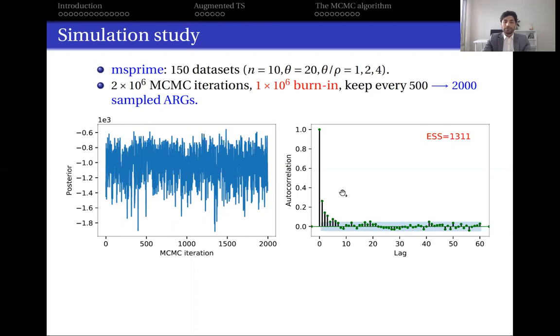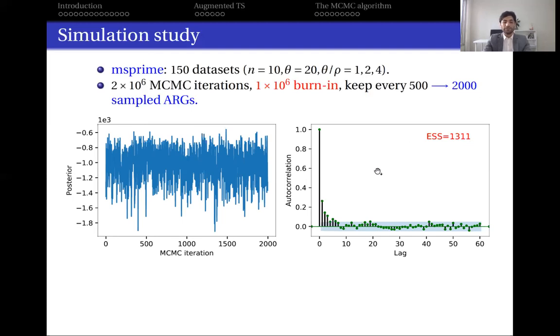On the right, the autocorrelation dies off from the first lag to about 0.3 and very quickly goes to the 95% interval. And here I've also reported the effective sample size, which is 1,311 for 2,000 samples, which is very reasonable.